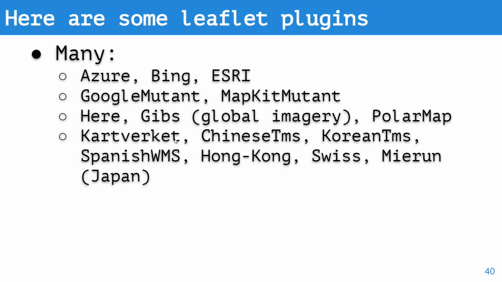This is Norway. What it is sometimes is a nation will use an ESRI technology, or they will use an OGC web service in the background, but then they wrap their stuff around it, right? And so there's a Chinese TMS tile map service, a Korean one as well, a Spanish web mapping service, Hong Kong services.